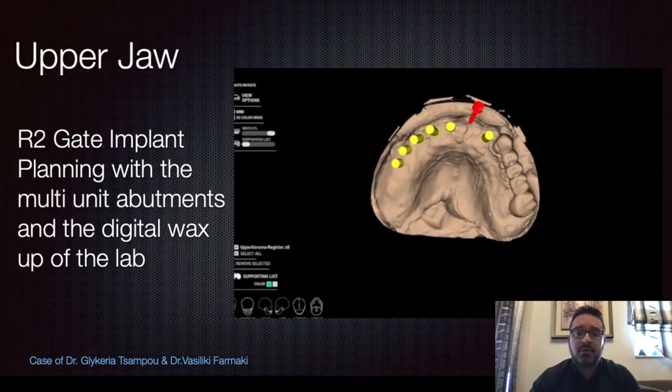For example, the octa abutment is something common to those who want to use the one abutment, one time concept. So the straight has been replaced by the octa, but the 13 and the 14th number has multi-unit angled abutments.